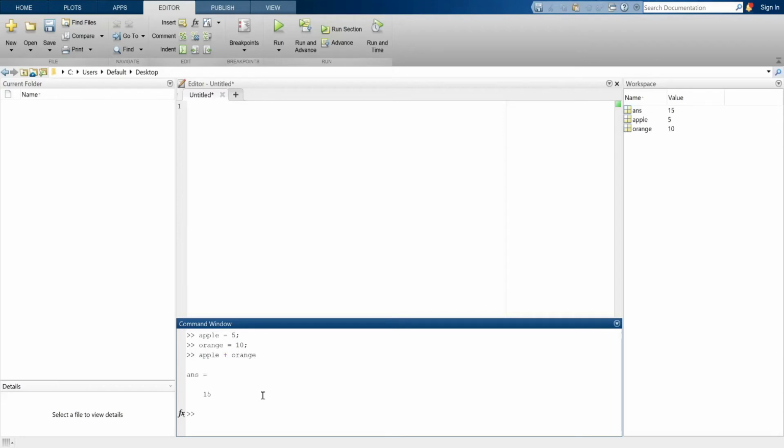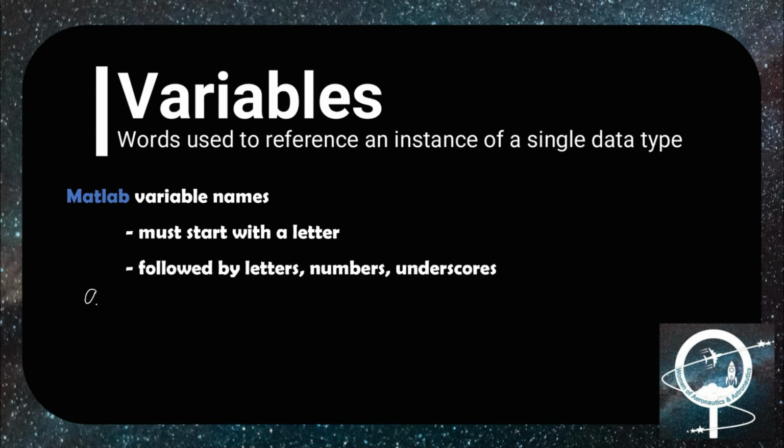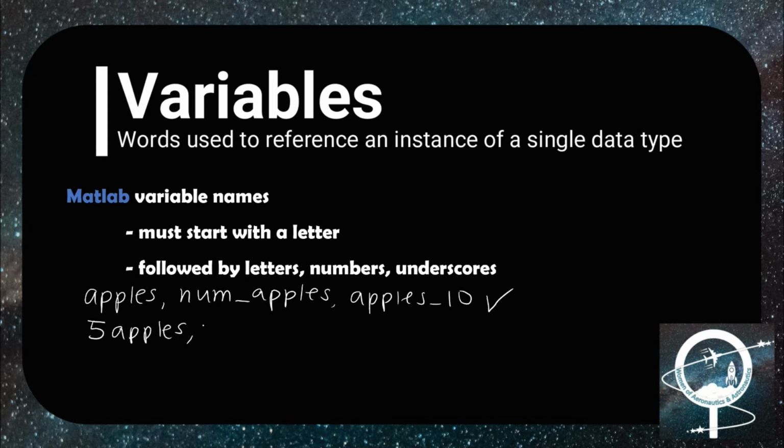In Matlab, a valid variable name starts with a letter, followed by letters, digits, or underscores. So apples, num_apples, and apples_10 are all valid variable names. But 5apples, _99a, and !apples are not valid variable names.